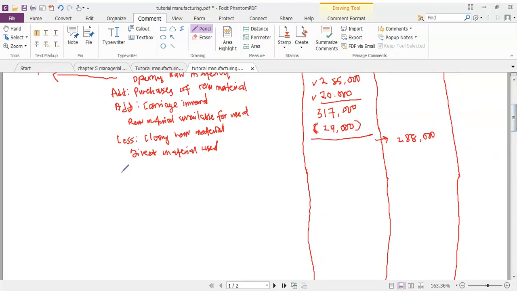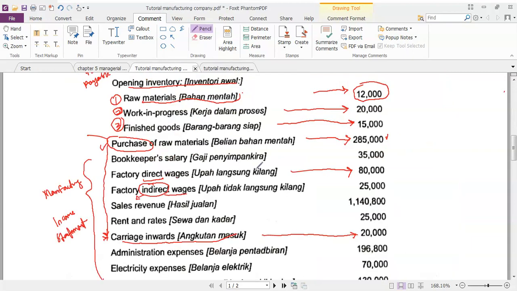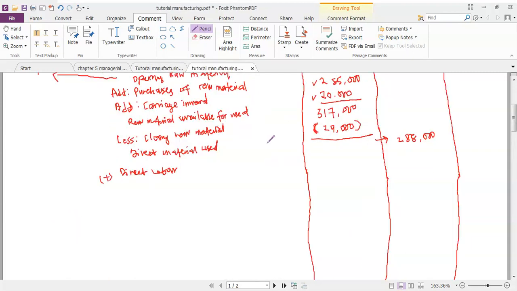After that, we must add on the direct labor. How much is direct labor? 80,000. We put 80,000 at the second column.